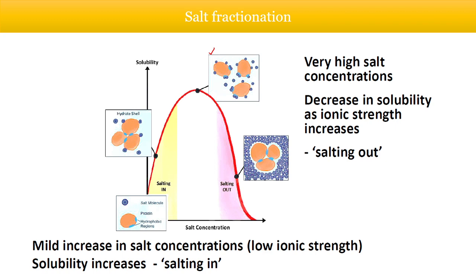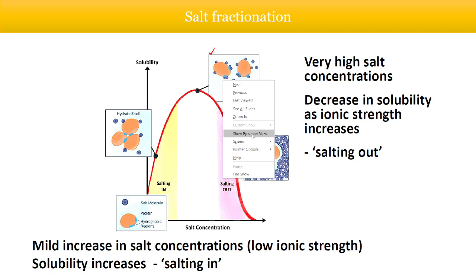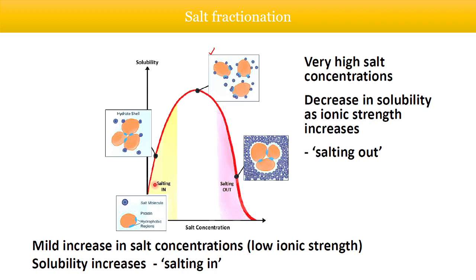Now coming to salt fractionation, what does it say? From the graph, you see that there is a salting in and a salting out effect. So what is actually occurring here? At very low salt concentration, the protein is soluble, and when you increase the salt concentration, the solubility increases to a certain extent, and after that what happens?